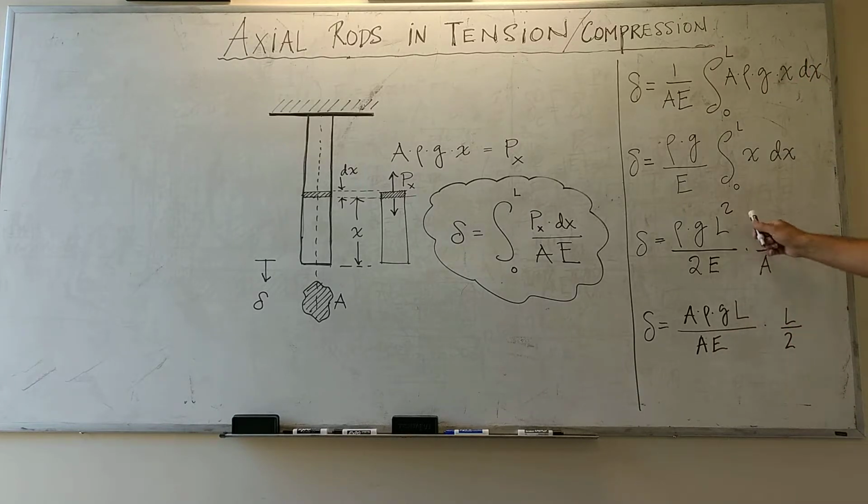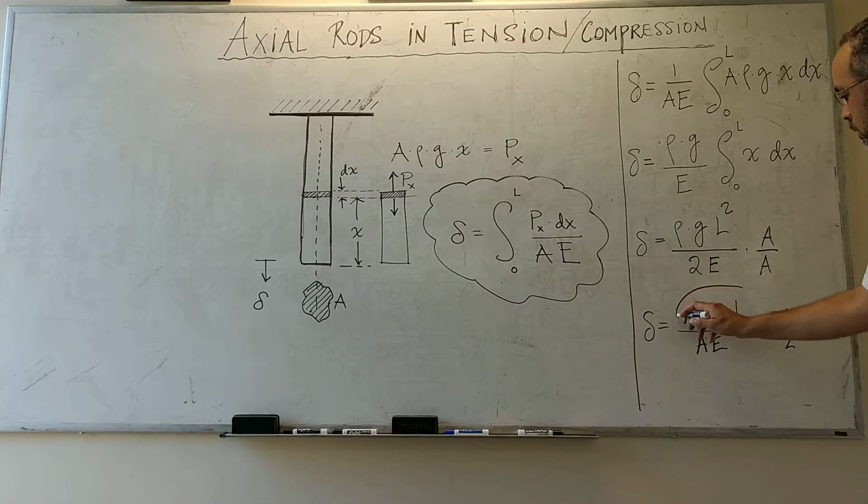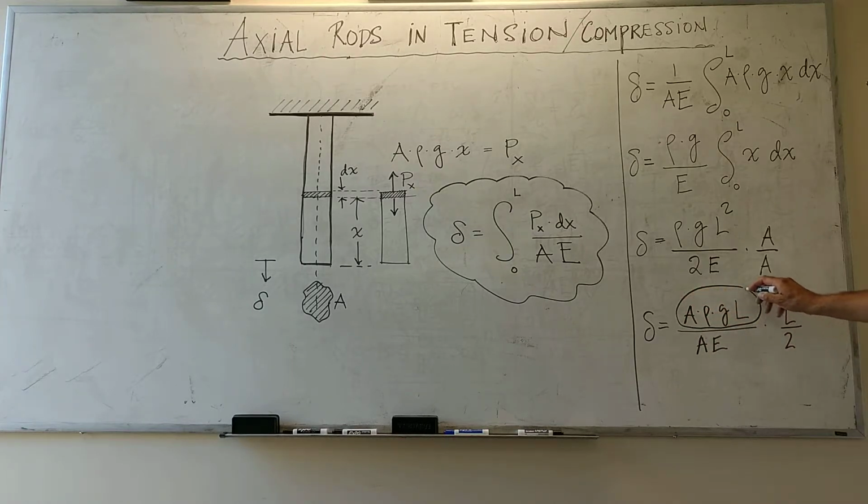Basically, breaking up this L squared into an L here and an L out here and bringing the two this way, we can see that this multiplication here is simply the total weight of the rod: cross-sectional area times rho times g times L. A times L is the volume, rho times g is the specific weight per unit volume.